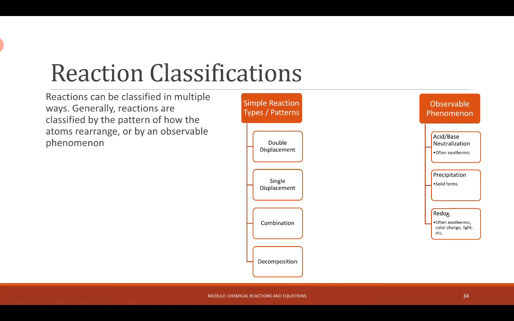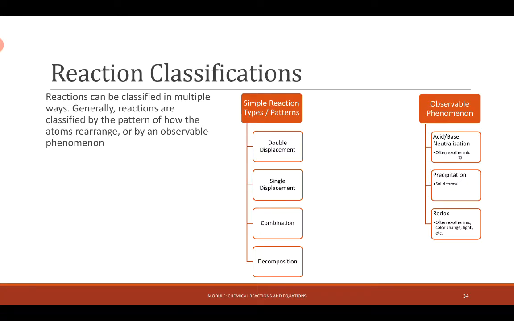Other types of reactions are redox reactions, which are usually more violent reactions involving a large release of heat, color change, light, etc.